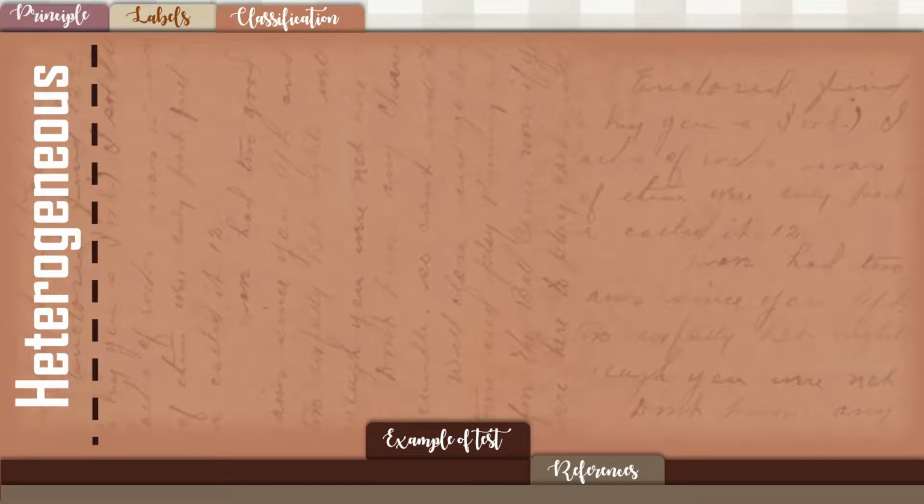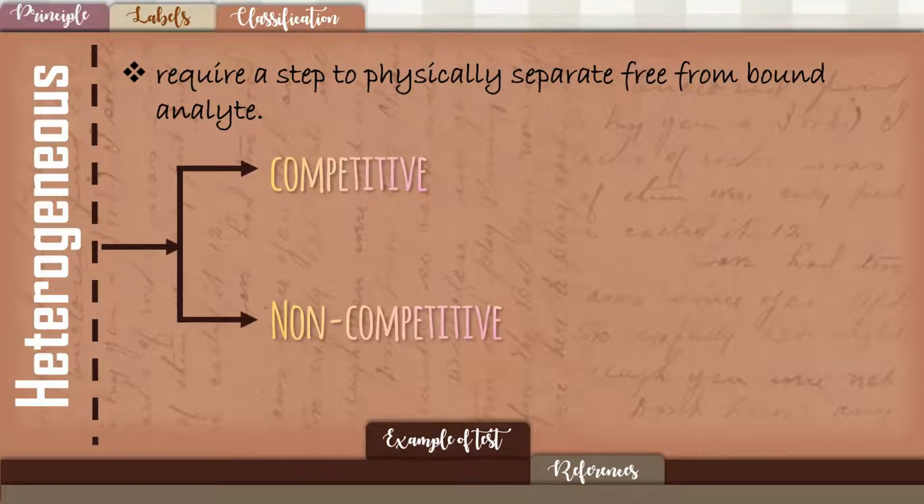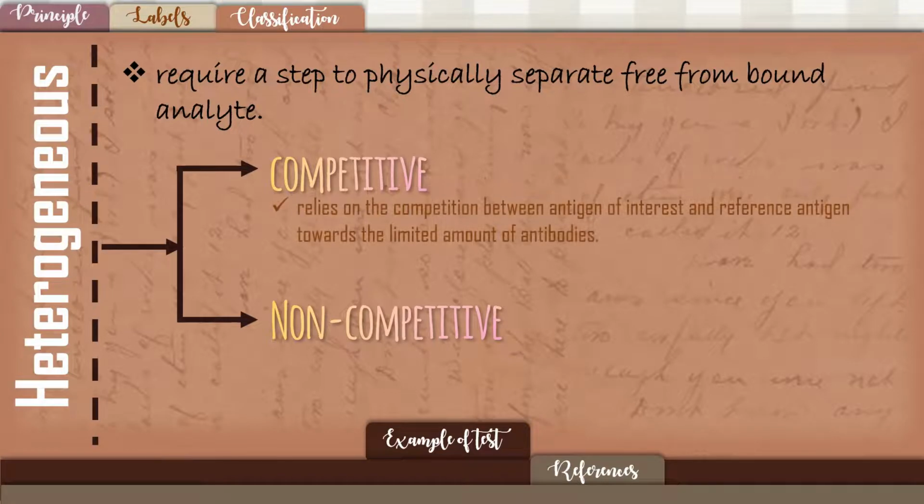Heterogeneous enzyme immunoassays, on the other hand, require a step to physically separate free from bound analyte. There are two kinds: competitive and non-competitive ELISA. The competitive ELISA relies on the competition between antigen of interest and reference antigen towards the limited amount of antibodies. Therefore, competitive ELISA is also named inhibition ELISA.